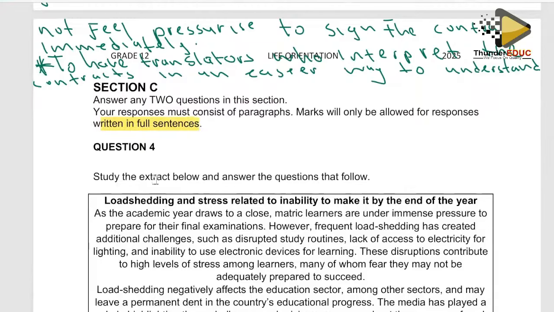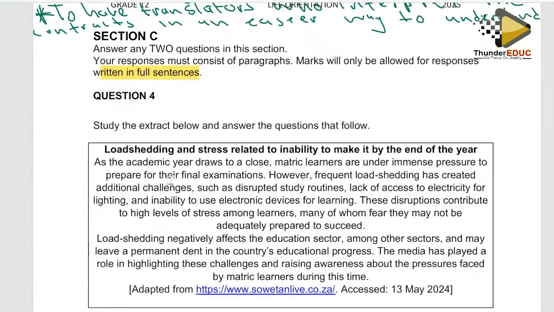Then study the extract below and answer the questions that follow. Load shedding and stress related to inability to make it by the end of the year. As the academic year draws close, matric learners are under immense pressure to prepare for their final examinations. However, frequent load shedding has created additional challenges such as disrupted study routines, lack of access to electricity for lighting, and the inability to use electronic devices for learning.